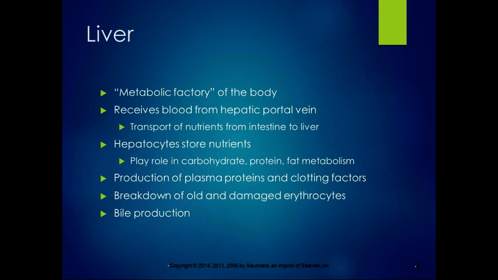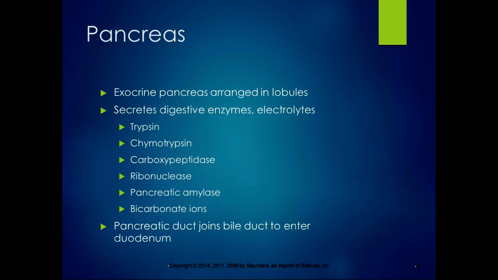Okay, forward and upward. The pancreas is also sort of a sidetrack off the main gut. There are exocrine and endocrine parts of the pancreas. So we talked about some of the endocrine parts in the endocrine chapter that secrete insulin and glucagon.